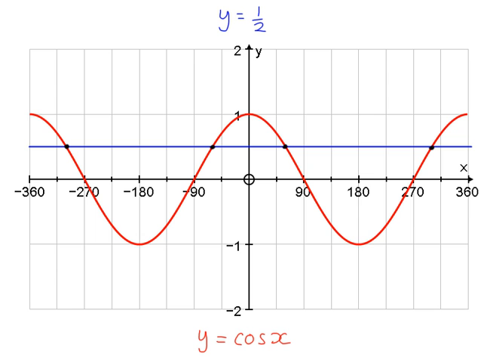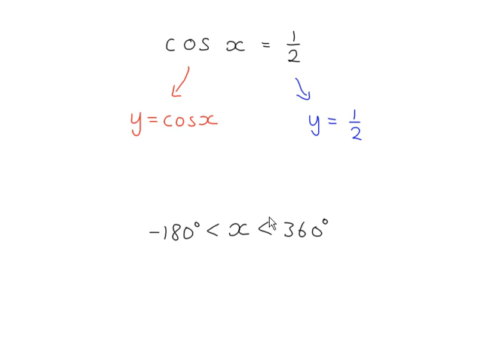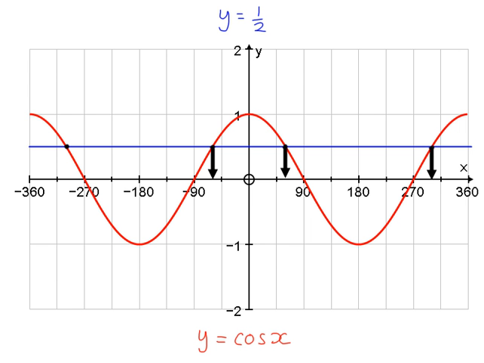So we're looking for this solution, so the value of x here, the value of x here, and the value of x here. This one here is outside the range. We only want those between minus 180 and 360. So only solutions along here and nowhere else. So there will be 3 solutions.